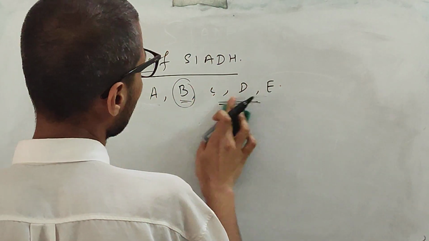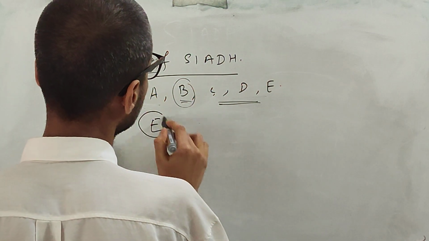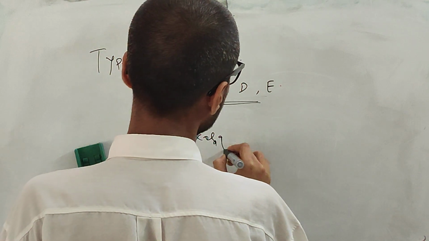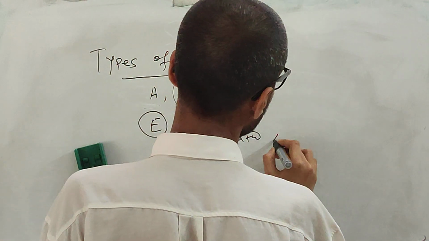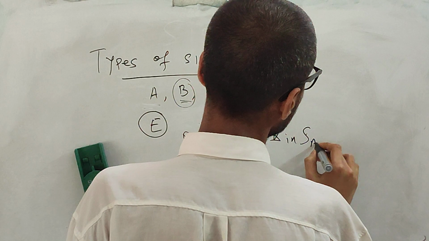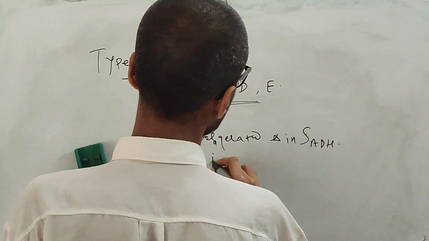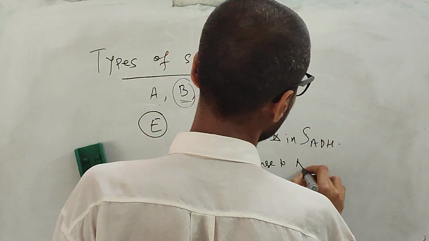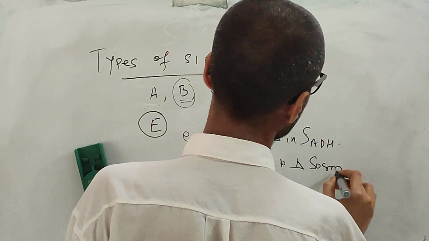Now the last type is type E SIADH. In this condition there is an exaggerated change in serum ADH in response to change in serum osmolality.